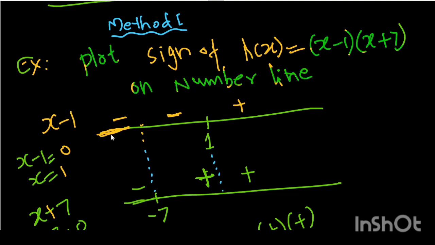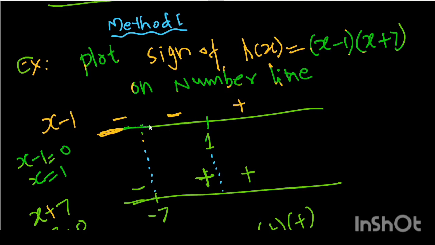So we equated x minus 1 to 0 and we got x equals 1, so we plotted x equals 1 first and then plus minus we did.